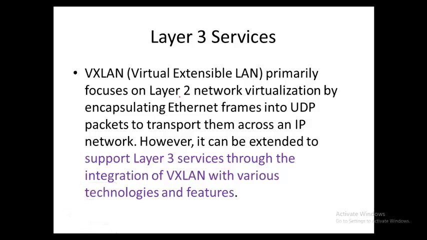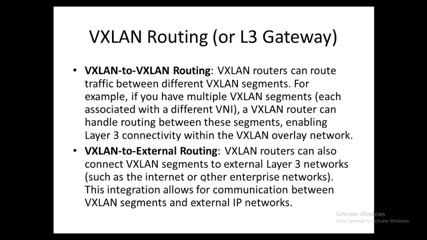This is like inter-VXLAN routing. VXLAN routers can handle routing between these segments by enabling layer 3 connectivity within the VXLAN overlay. So layer 3 routing is supported. Between VXLAN, layer 3 communication is possible. You need not have an additional routing device.